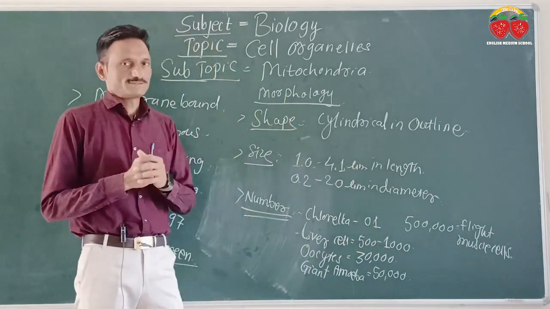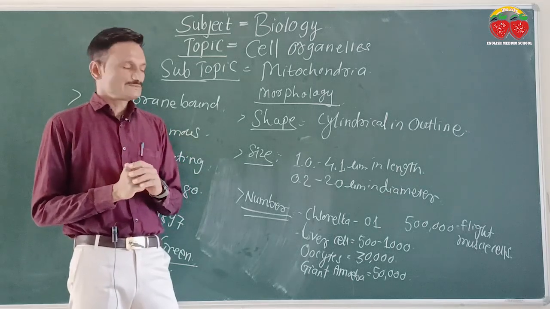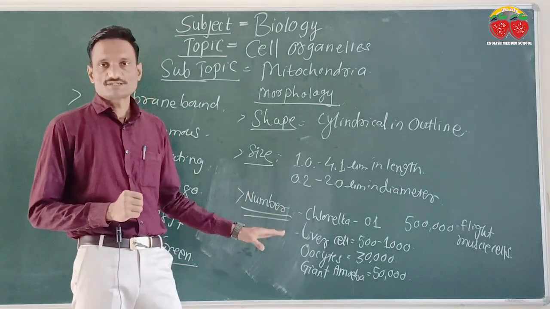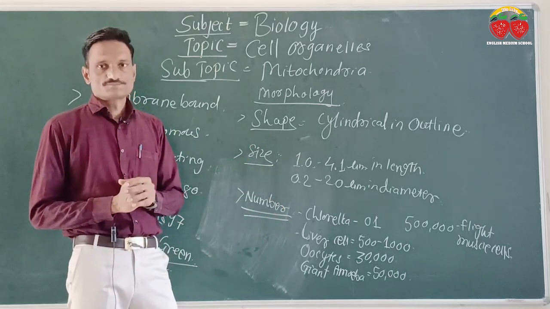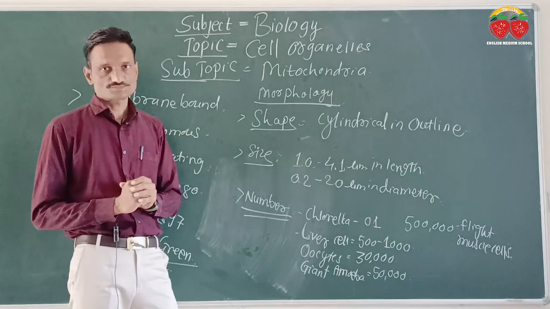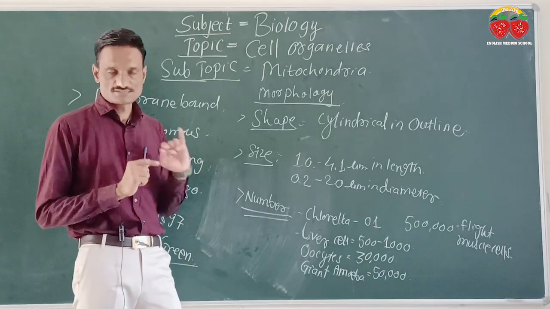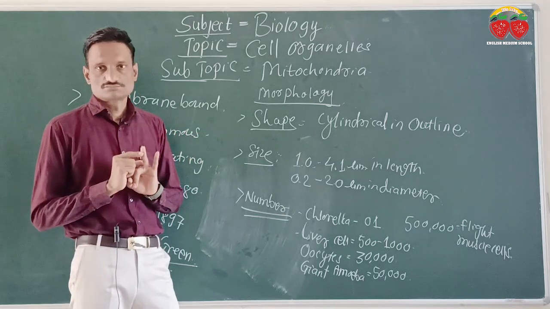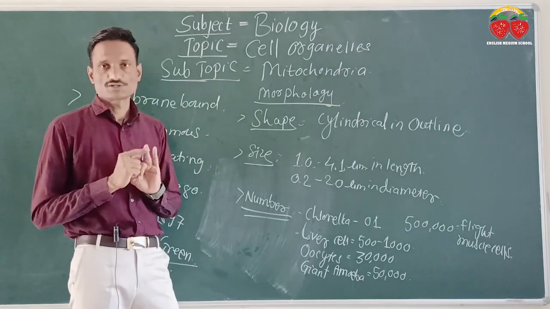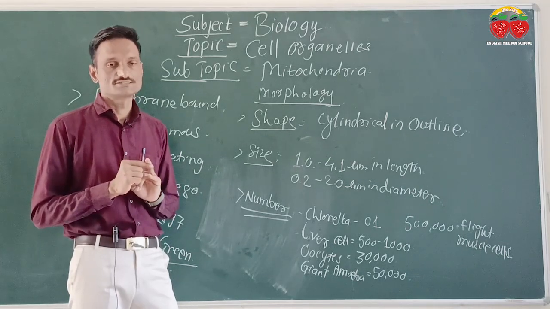If you compare plant cell and animal cell, in plant cell the number of mitochondria is less than the animal cell because the metabolic activity of animal cell is higher than the plant cell. This is the first reason. Second, animals show locomotion. That's why they require more energy. That's why the number of mitochondria is more in animal cell than the plant cell.